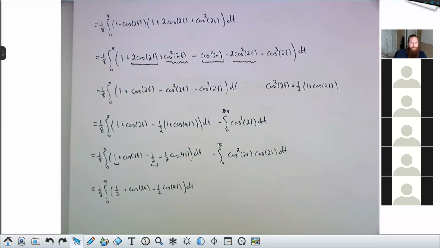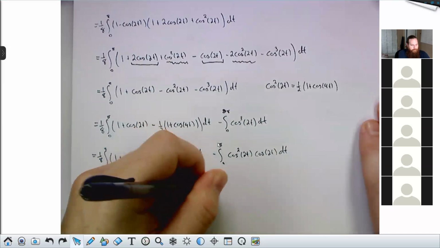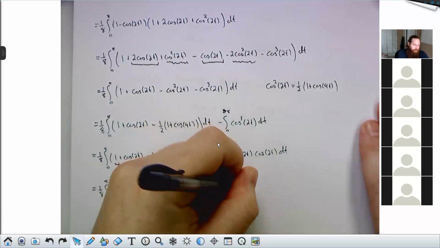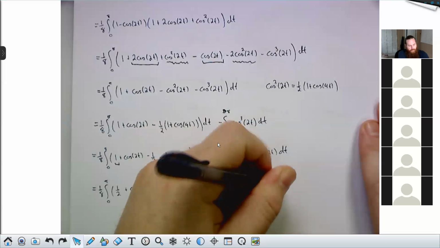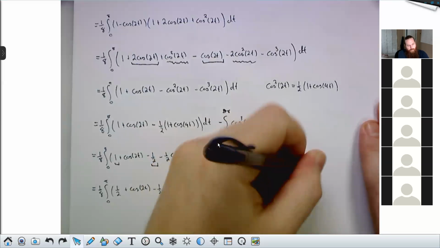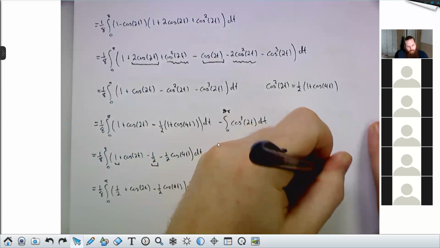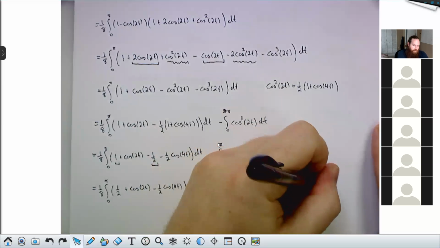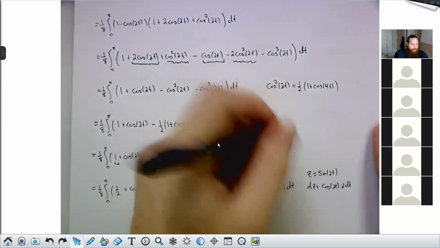But if you don't see that, then the normal way to proceed here would be using the first Pythagorean identity on that and getting ready to make a substitution, z equals sine 2t. dz would then be cos 2t times 2 dt.